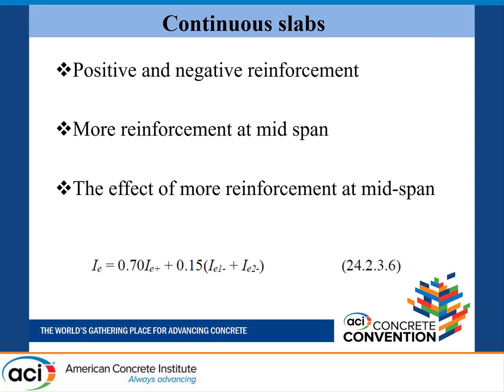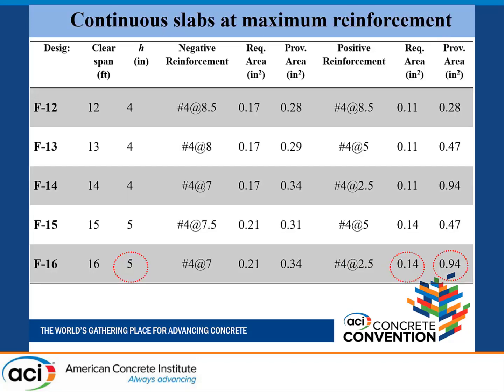So for example, in continuous slabs, if I keep the thickness at 5 inches and I use maximum reinforcement at the center, the required area of reinforcement at mid-span is 0.14 and I'm utilizing 0.94 inches squared per foot just for deflection control. And at the ends, we just provide the area of reinforcement required for moment at the supports.